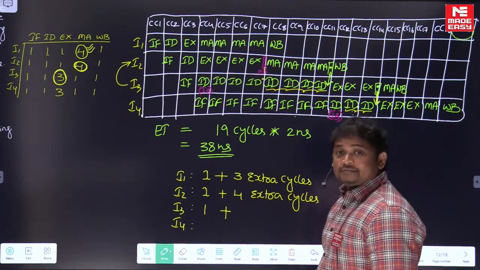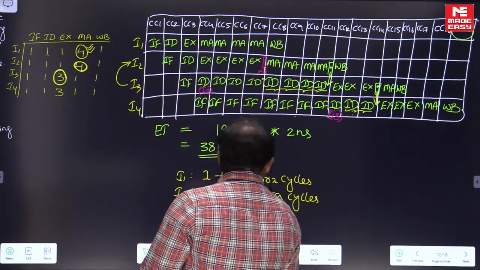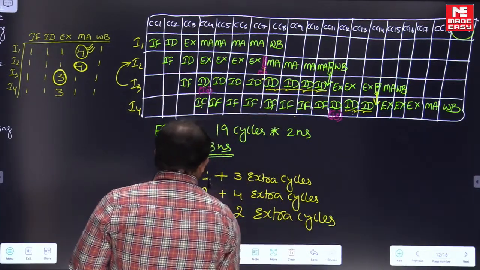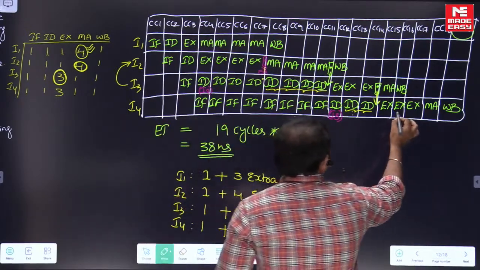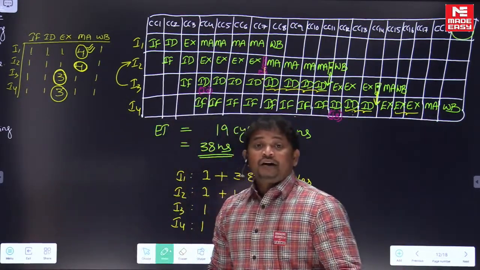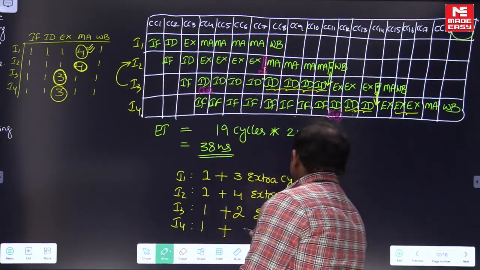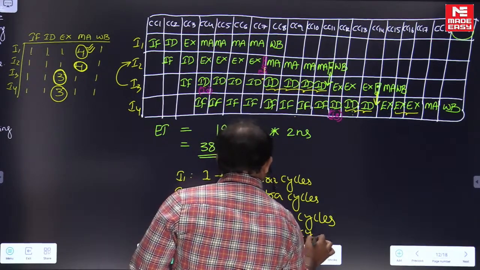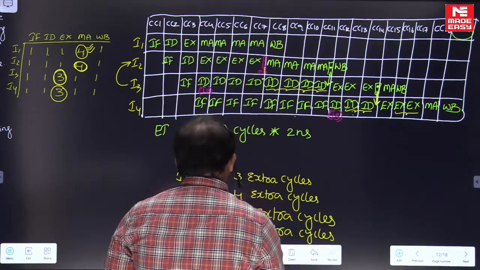Only 2 stages, so here 2 extra cycles. I4 is 1 cycle plus 2. Of this 3, we take 1 as common, and the extra is 2.